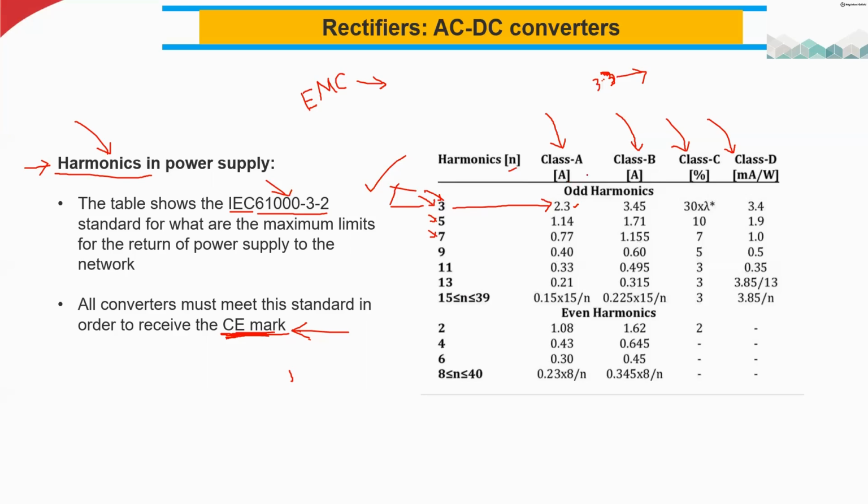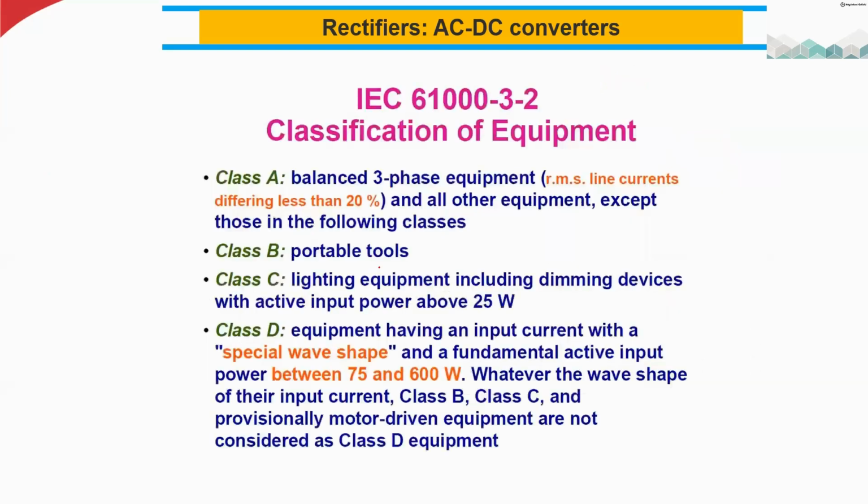So here you can see class A, class B, class C, class D. Each type of rectifier has to follow these standards according to this IEC 61000. There are several standards. This one is one of the well-known standards. Many electronic systems must follow this standard. So class A, what kind of rectifier is that? This is balanced three-phase equipment, and class B is for portable tools.